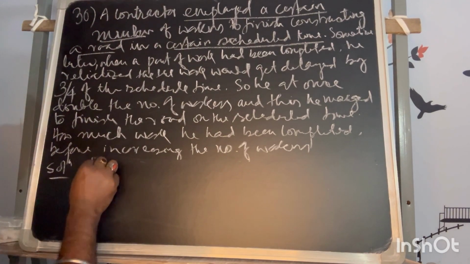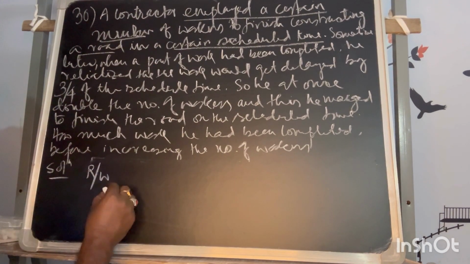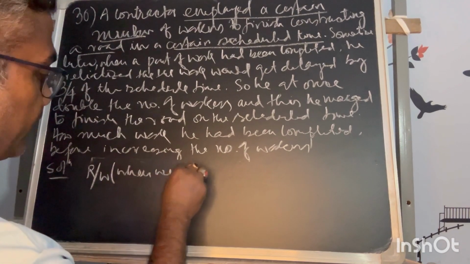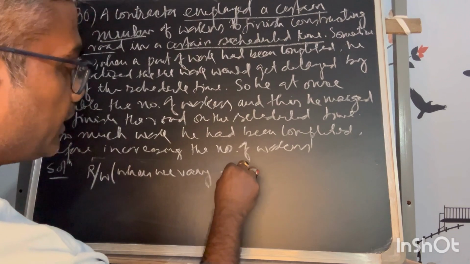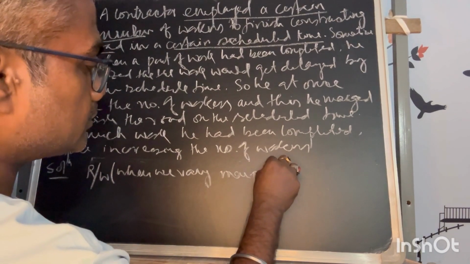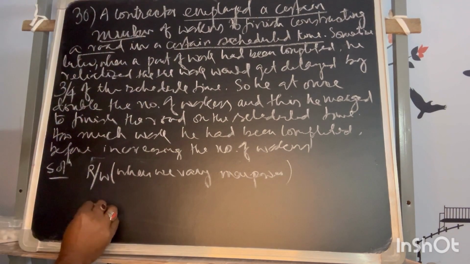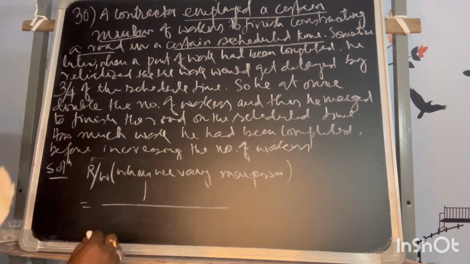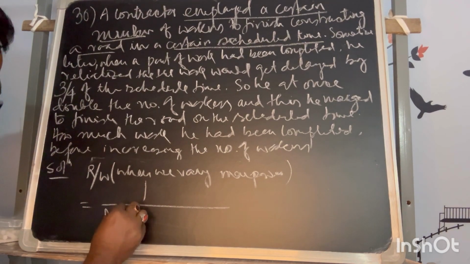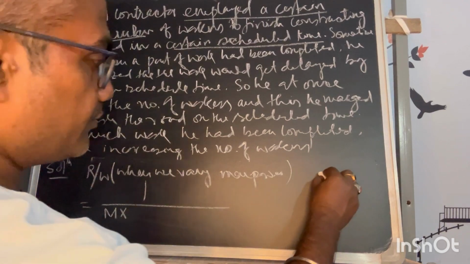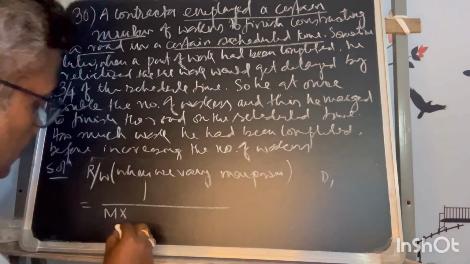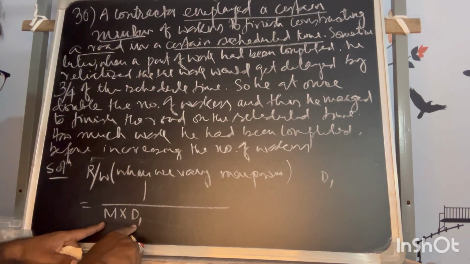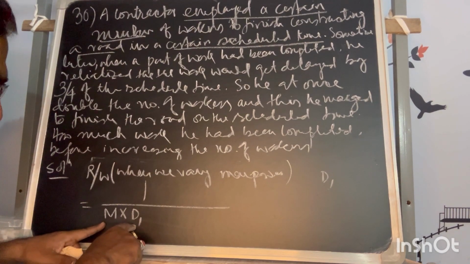So the rate of work when we vary manpower. Total work is 1. For the first part of the job, the manpower used is M. We have assumed that they worked for D1 days. So this will be M into D1, the total fraction of time consumed here.